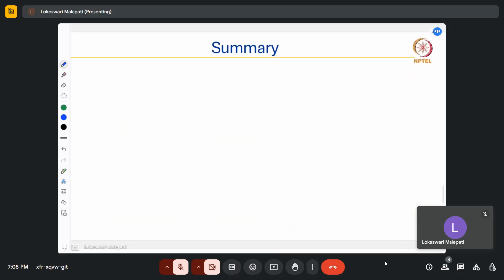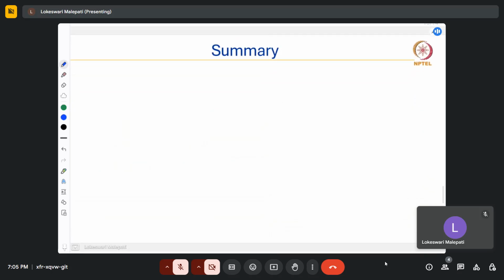So till this concept, I will just summarize the main points that we have seen. Whenever we are considering these response factors, we will directly consider only the steady state response, and then we will take the ratio with respect to the static response.